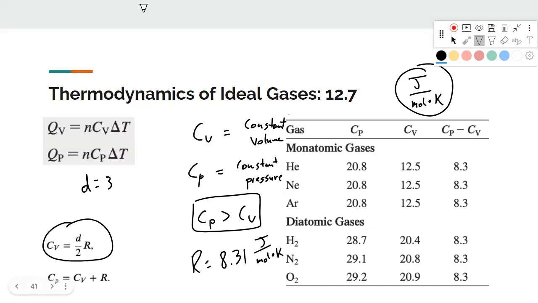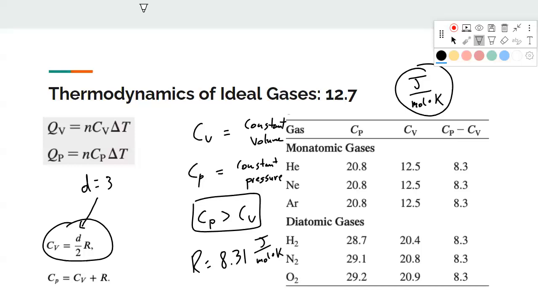And so all we have to do then is plug that D into this equation, which we'll talk about in chapter 13, why this is the correct expression for the heat capacity of gases.